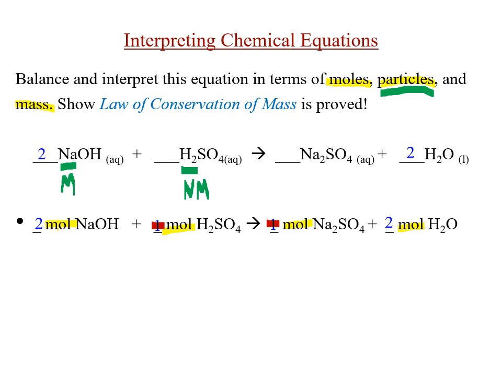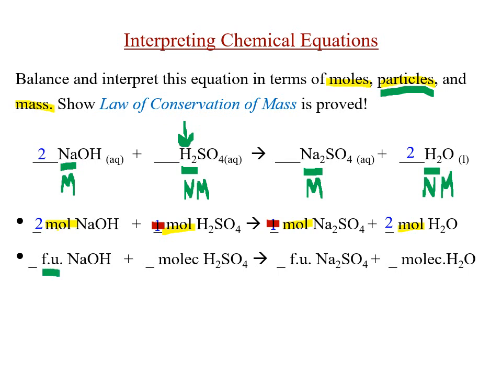You can also tell because anything that starts with hydrogen, if you remember, is an acid, and acids are molecules. Again, we have sodium, which is a metal, makes sodium sulfate a formula unit. And then water. Hydrogen is a nonmetal, and so this would be a molecule. So when you're writing out your particles, it should look like this.